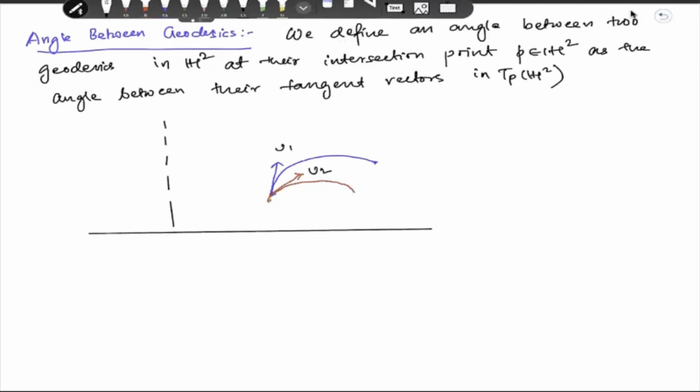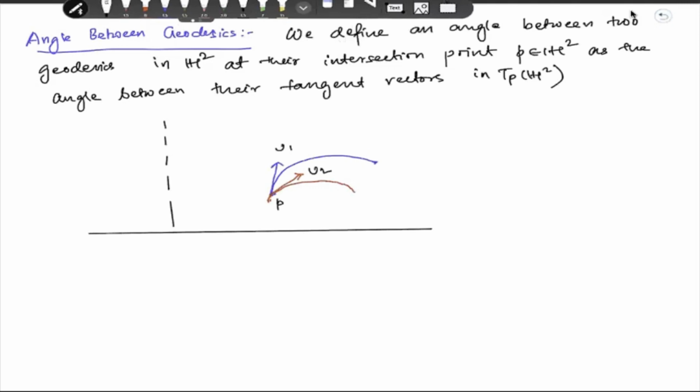Note that these V1 and V2 are vectors in R2. So we have the notion of angle coming from this hyperbolic inner product, and also the notion of angle coming from this Euclidean inner product.